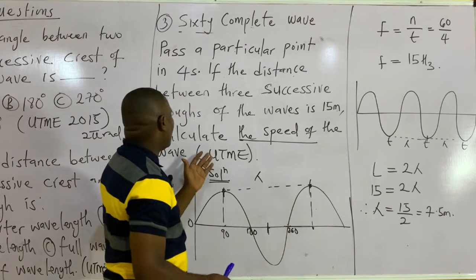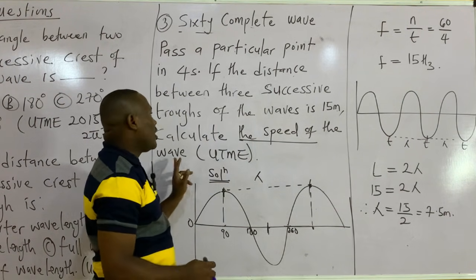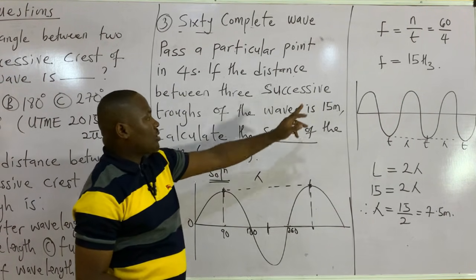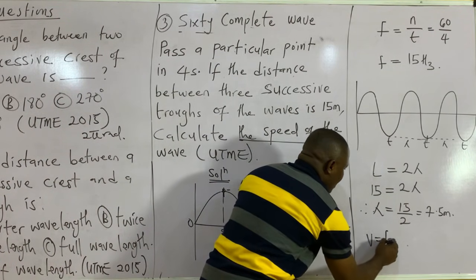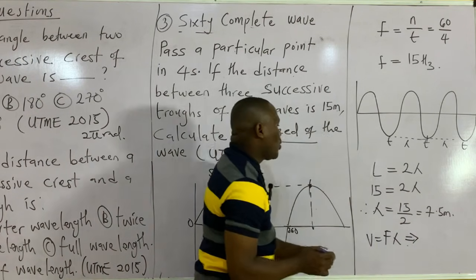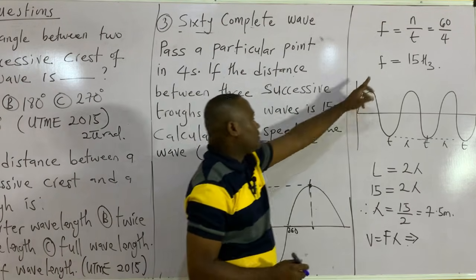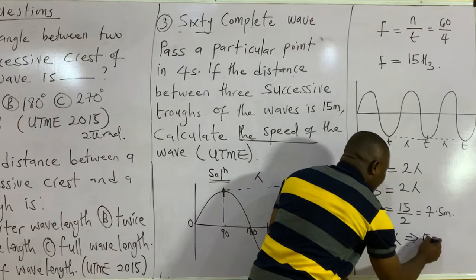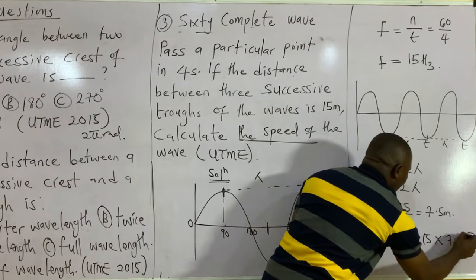Now to solve for the wave speed, the relationship between speed, frequency, and wavelength is given as V equals F lambda. Our frequency we got from the first sentence of the question, which is 15 hertz, times our wavelength, which is 7.5.